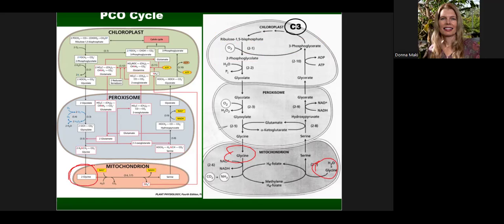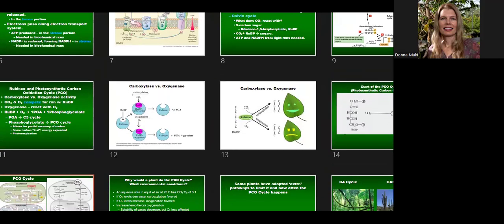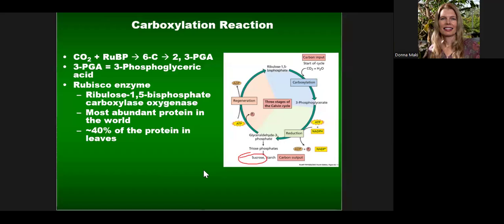So it's got to run twice in order to go from a 2-carbon phosphoglycolate to 3-carbon PGA. And once it builds the PGA, then it can stuff that back into the C3 cycle. So that's what we say, it recovers some of the carbon. When we had that previous slide, go back to. Oh, not that one.